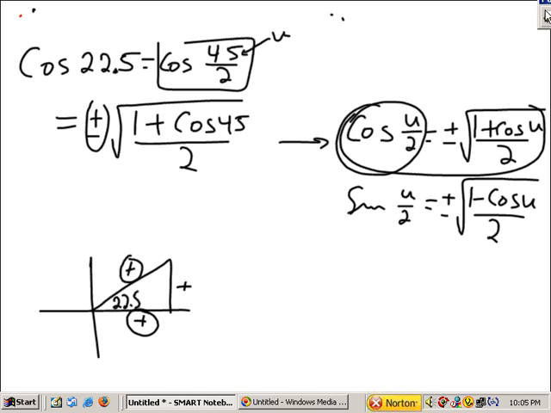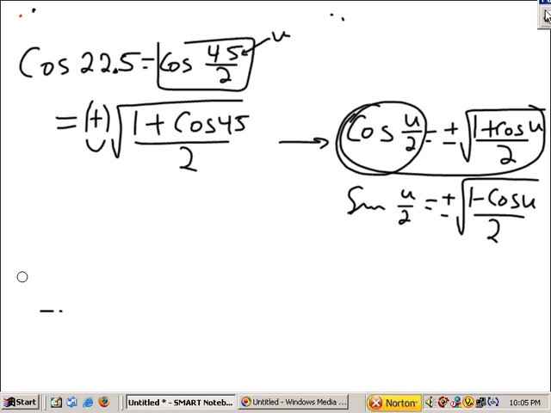That is, I now know that the cosine of 22.5 is positive. If it was a different angle in a different quadrant, I may have kept a negative. Okay, so we know it's plus, so I won't write the plus.